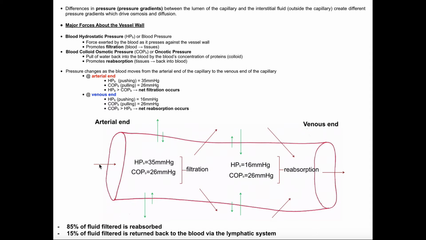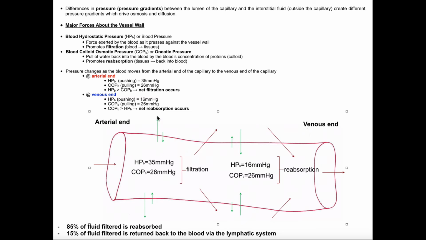Yes, blood is moving in this direction from left to right as I've drawn it, from arterial end to venous end, but as it's moving through, it's exerting a force against the vessel wall. And so it's pushing from the blood against the wall. So this arrow right here is denoting the direction of the pressure. That is the blood hydrostatic pressure. It's pushing from the blood against the wall.